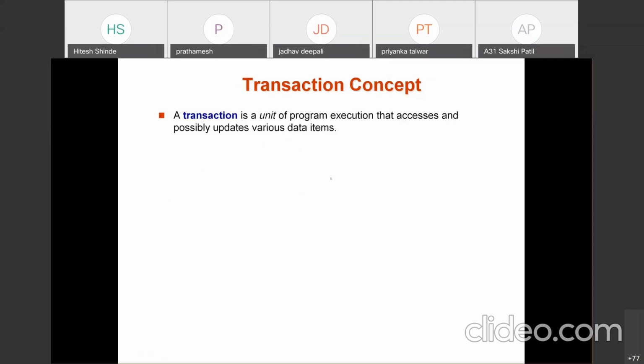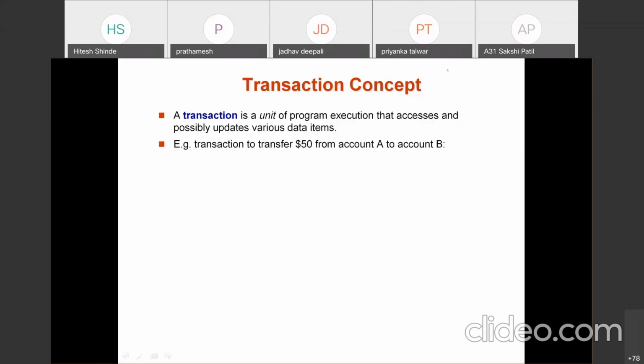Now see, we write a transaction. The example you were already told: a transaction to transfer $50 from account A to account B. When we write such a simple transaction, what properties should it possess? Those properties are very important. Every transaction must possess these properties.